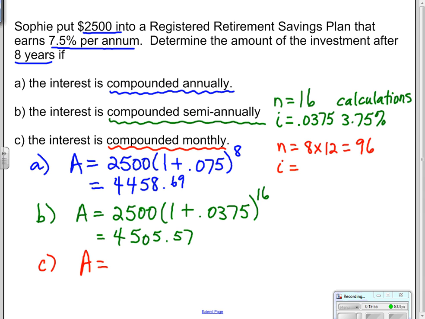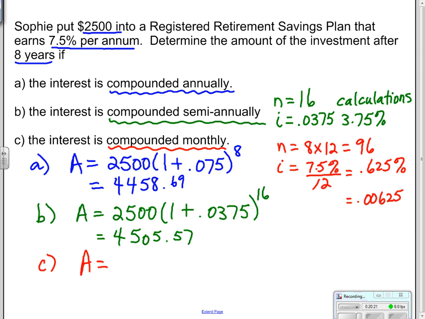So I am going to do my 7.5% and cut it by 12, which will give me not even 1% per month. It's 0.625%, which as a decimal is, move it twice to the left, decimal 0.00625.